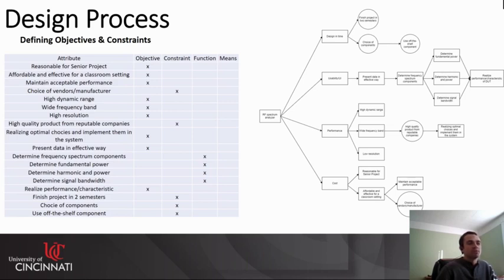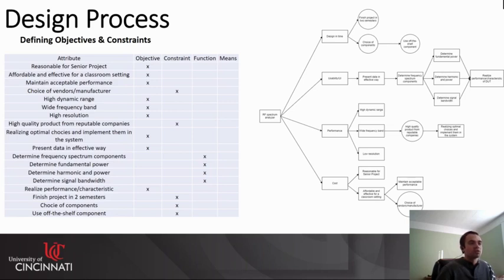So we have to produce a GUI that illustrates the data that our hardware is spitting out to the processor, and it has to present this data in a meaningful fashion such that you can make conclusions based on that data. Likewise, we have to have good performance, so a lab coordinator is going to want to purchase this spectrum analyzer as well. It's got to be of a reasonable cost point so that they can actually afford to put this into their budget.